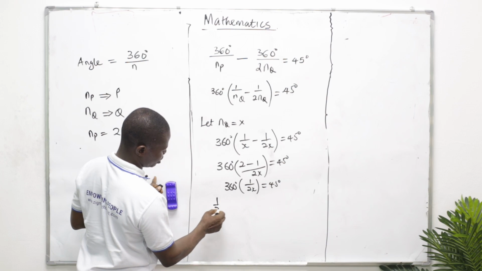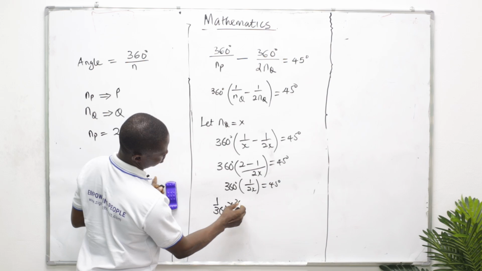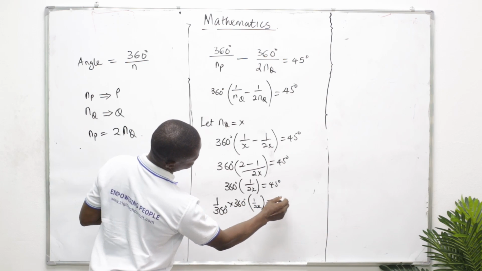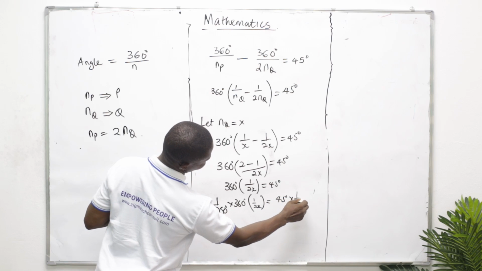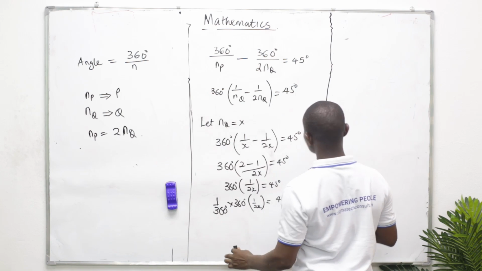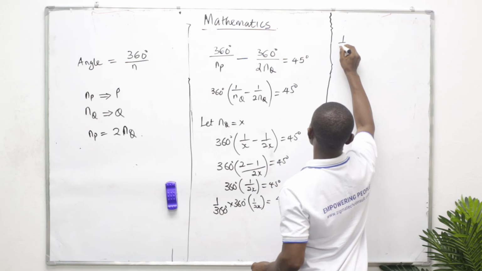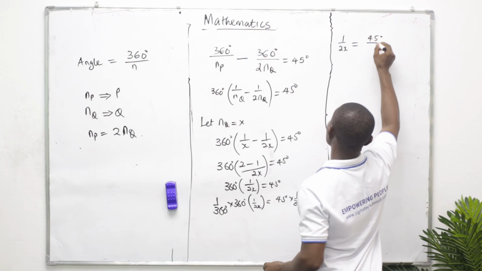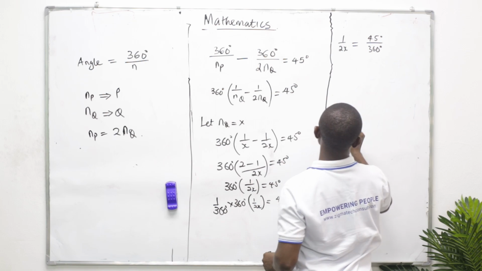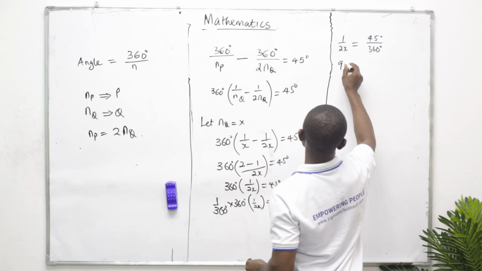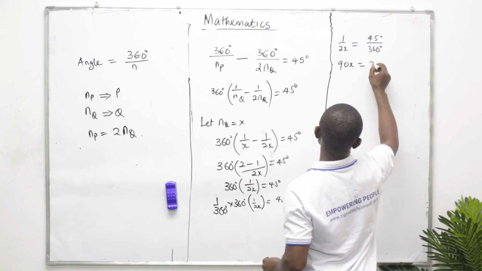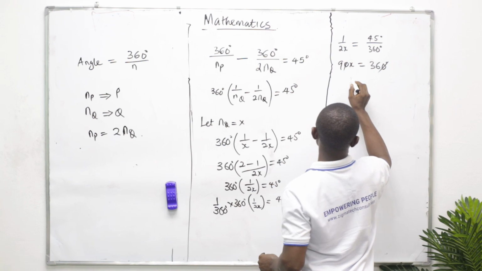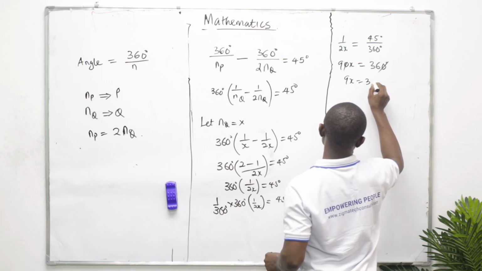Multiplying by 1 over 360 times 360 into 1 over 2X equals 45 degrees times 1 over 360 degrees. This is going to read 1 over 2X equals 45 degrees all over 360 degrees. When I cross multiply, 90X equals 360 degrees. 0 here, 0 here. So 9X equals 36.